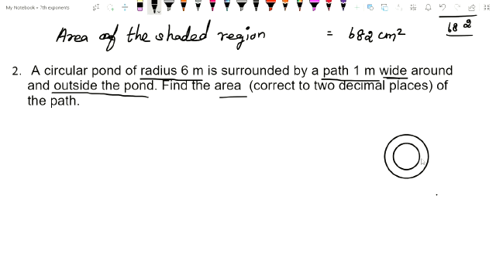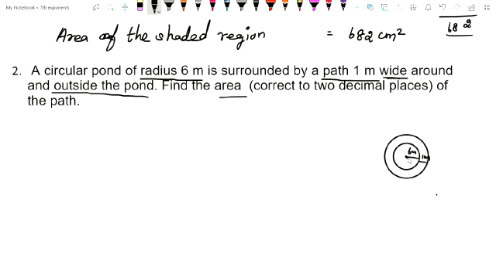Here this is the center. The radius of the circular pond is 6 meter and this width is 1 meter.